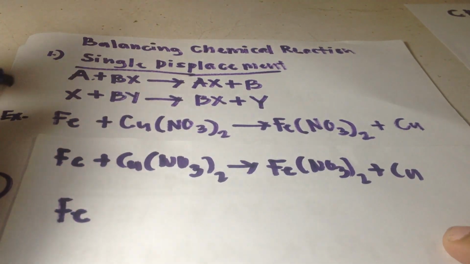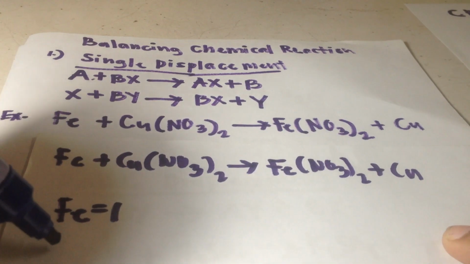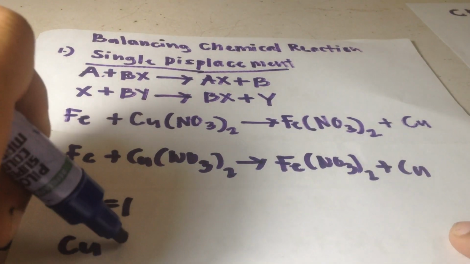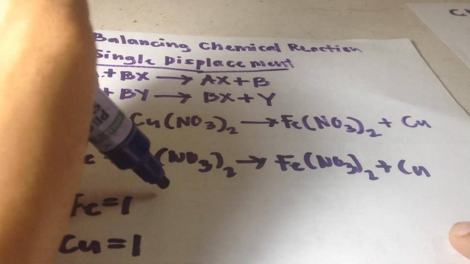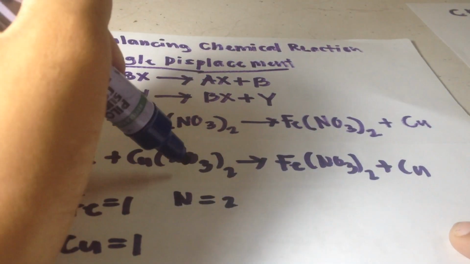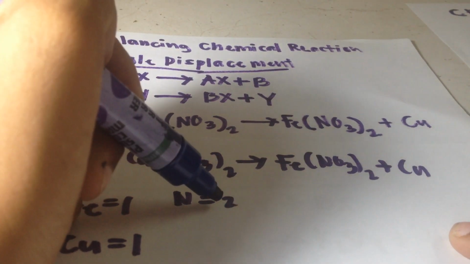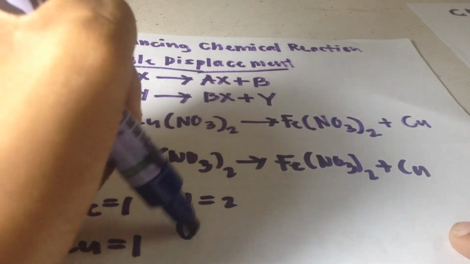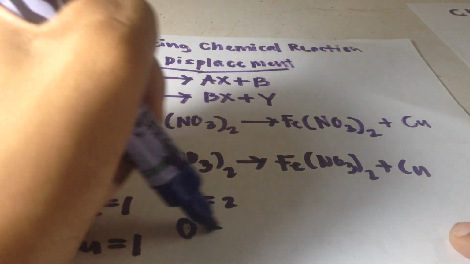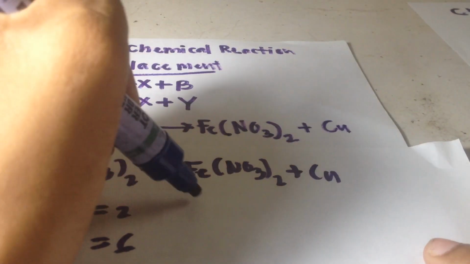In iron, we have a subscript of 1. Copper has a subscript of 1. Nitrogen has a subscript of 2 because 2 times 1 is equal to 2. In oxygen, 2 times 3 is 6. And how about in the products?